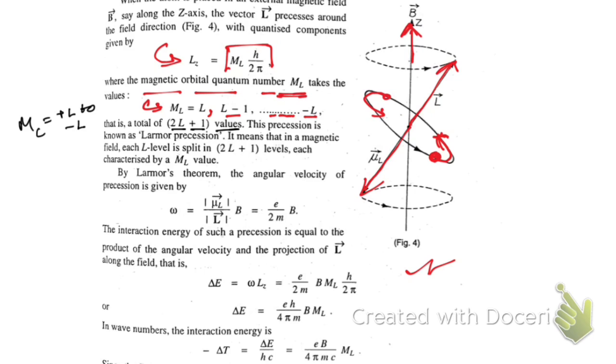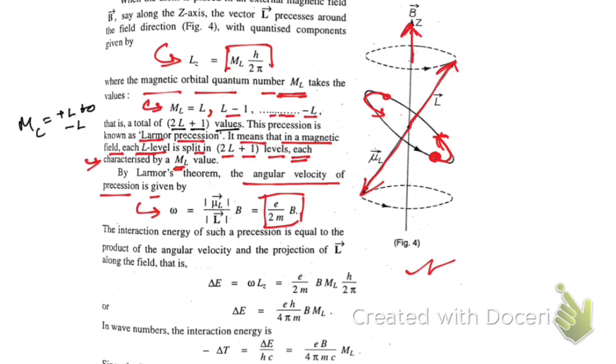This precession is known as Larmor precession, and it means that in a magnetic field the L level is split into 2L plus 1 levels, okay? It is characterized by the magnetic orbital quantum number, and by Larmor's theorem, the angular velocity of precession is given by this expression, right? This is the angular velocity, okay?